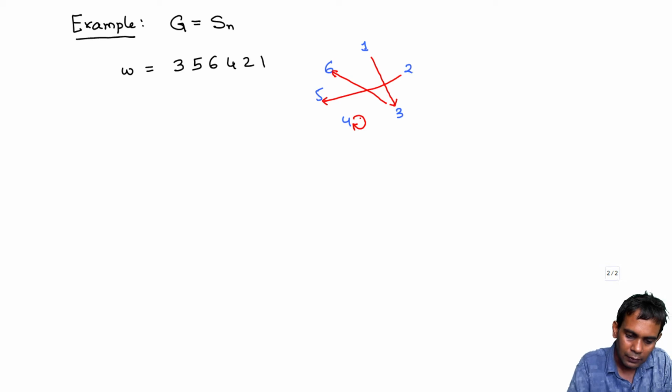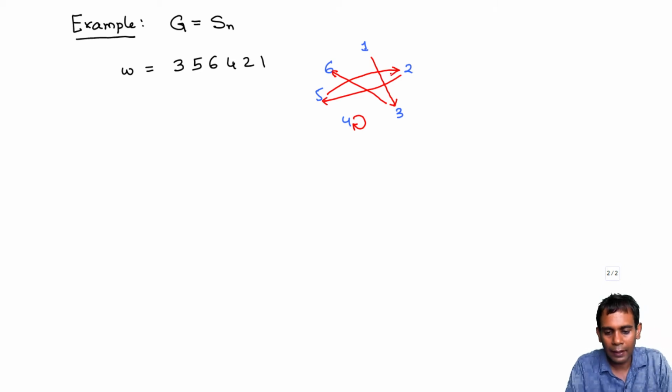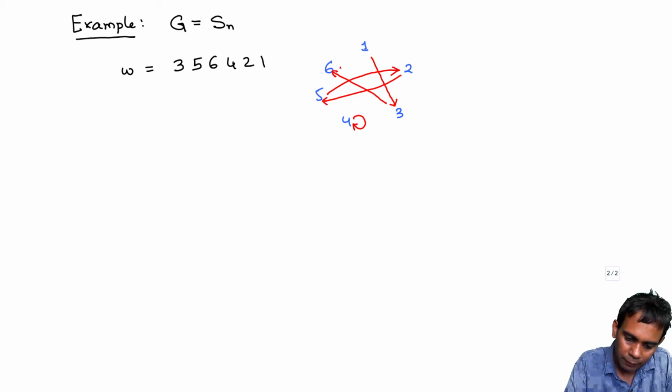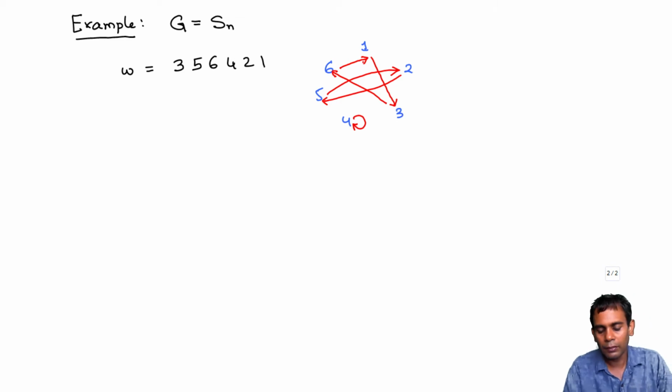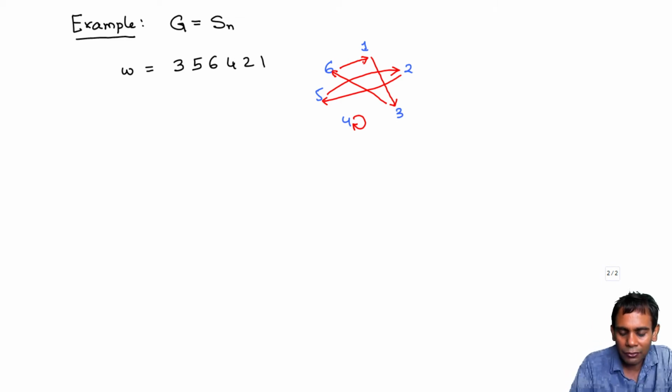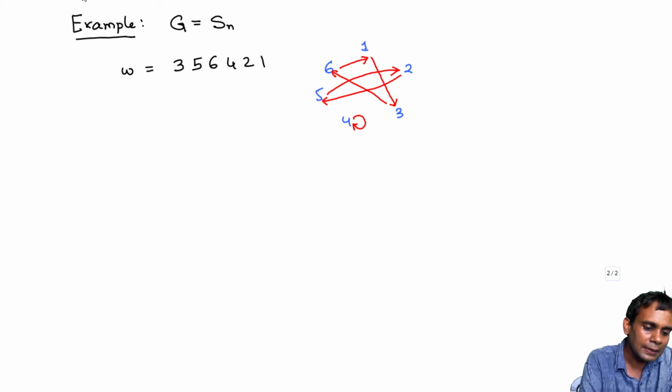It takes 5 to 2, and it takes 6 to 1. So when you draw it like this, a very different understanding of this permutation W emerges. What we see is that there are 3 cycles in W.